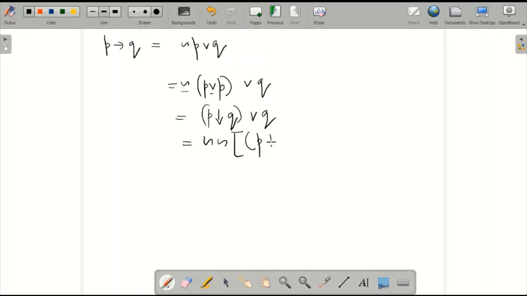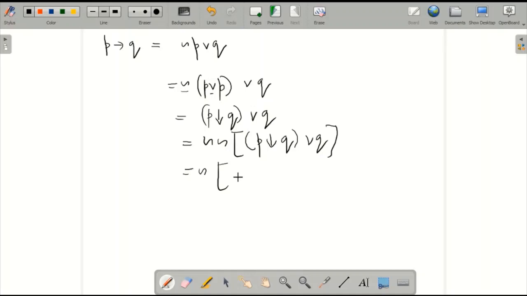So this I'll apply to the entire term. If I apply double negation, what will be the meaning? If it cancels, it will be this, right? So I'll keep one negation over here and one negation over here, and then I'll solve this particular negation.